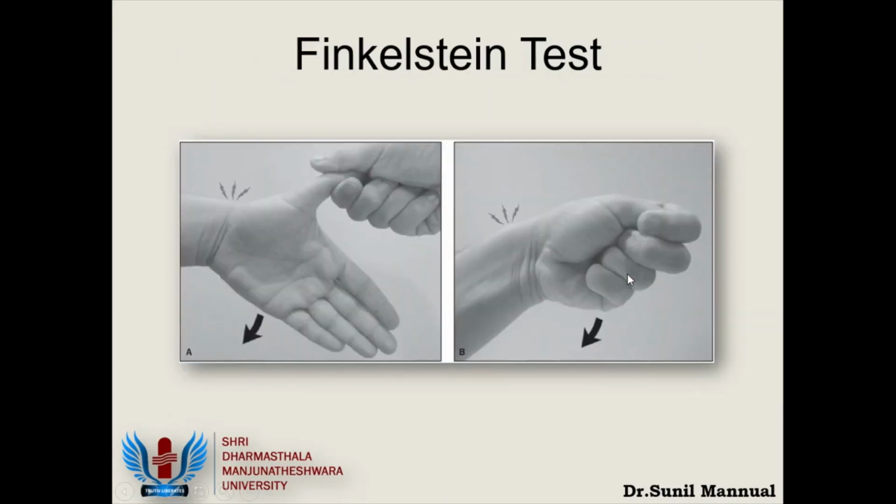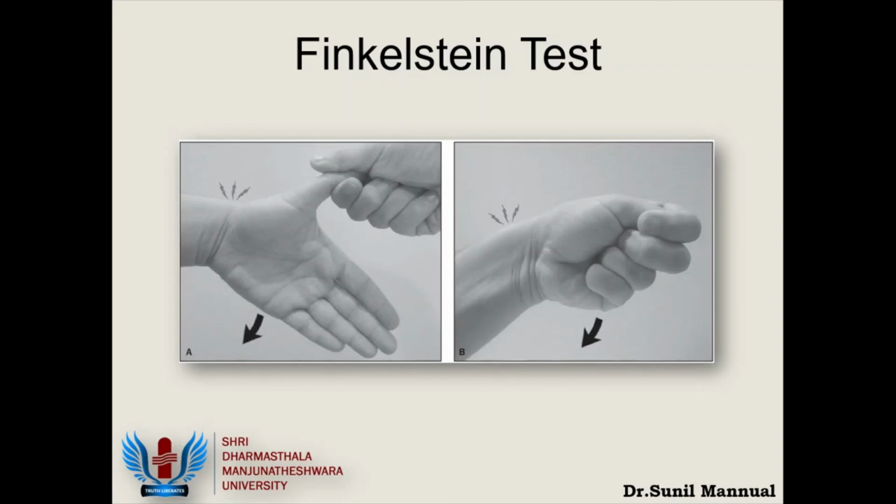Okay, so this is something called a Finkelstein's test. I told you about the condition called de Quervain's tenosynovitis. De Quervain's tenosynovitis was inflammation of the tendons of the first dorsal compartment. So that is what we learned. And in Finkelstein's test, basically what we are trying to do is stretch the tendons in the first dorsal compartment.